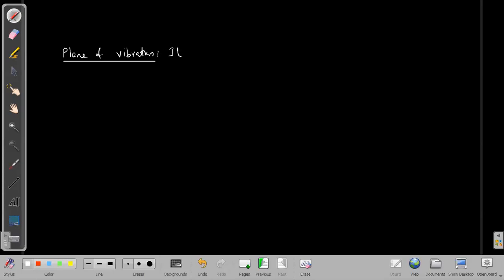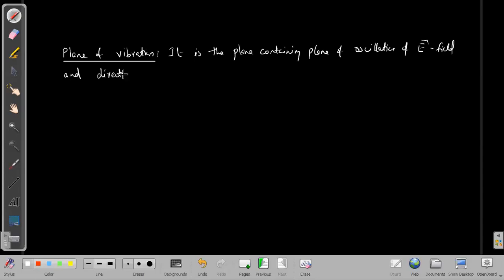So in the case of an electromagnetic wave, it is the plane containing the oscillation of the electric field and the direction of propagation. So what is then the plane of polarization?